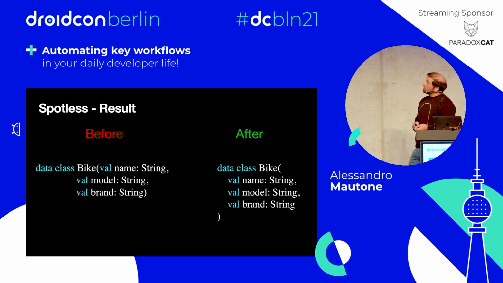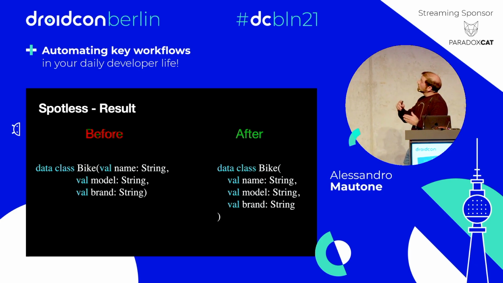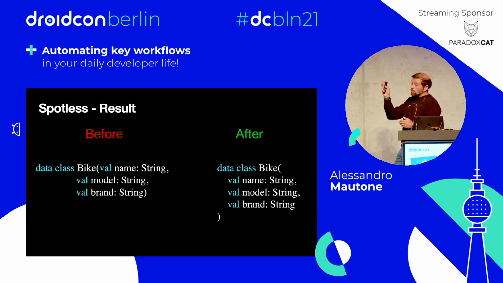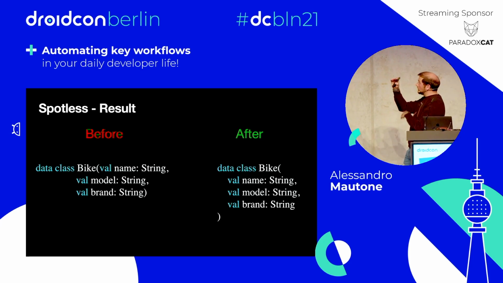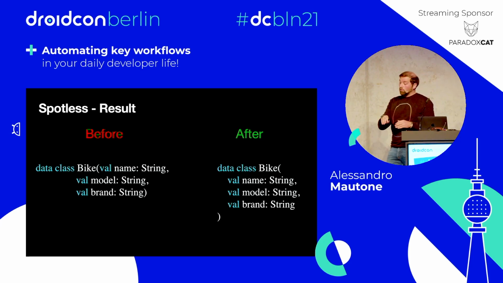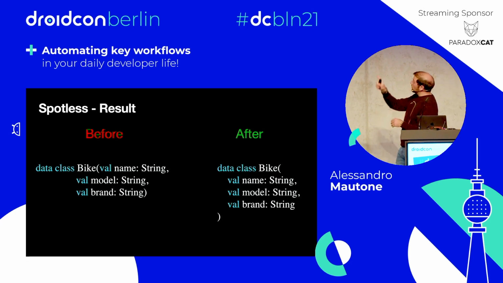And finally, this is the result of the Spotless configuration. This is a before and an after. Sometimes we put the arguments of a constructor close to the parentheses, and it's not really aligned. Thanks to Spotless, if you commit what is in the before, you're going to end up with this automatically in the after.